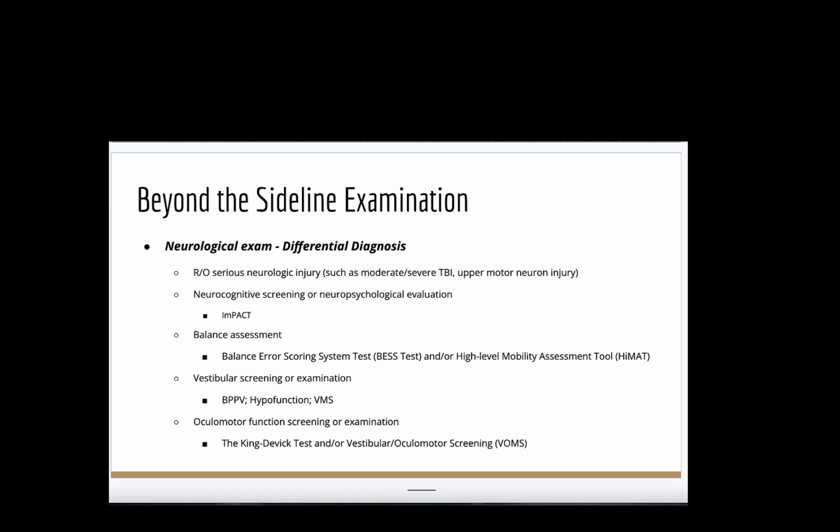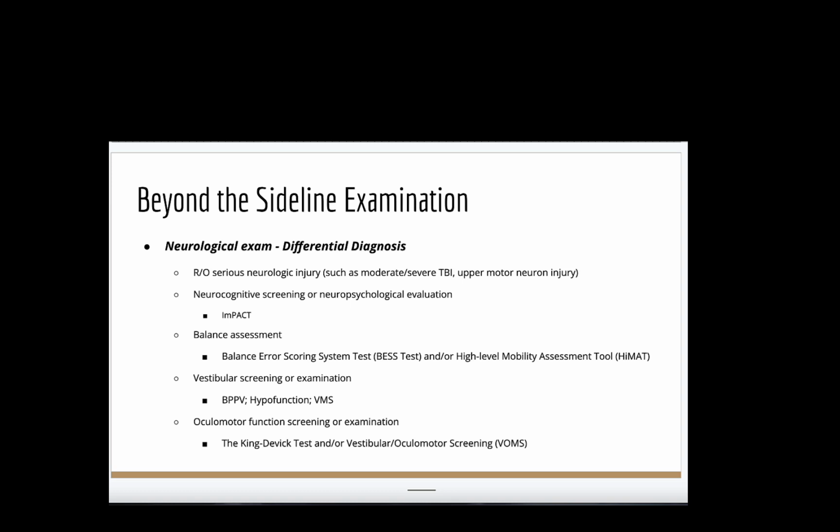Okay. A neurocognitive screening is really, really highly important for this particular population. Again, if you can get a baseline assessment, that's wonderful. The Impact is an online computerized neurocognitive screening tool that's commonly used in concussion management, and a lot of athletic teams already encourage individuals to use that in their preseason workouts.